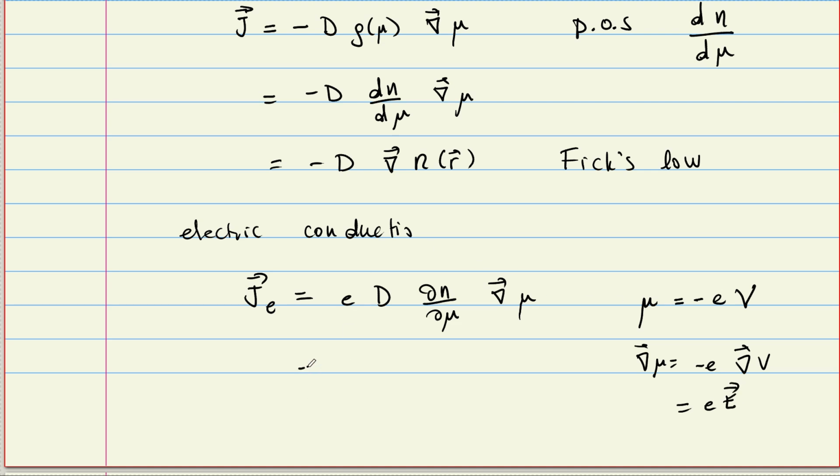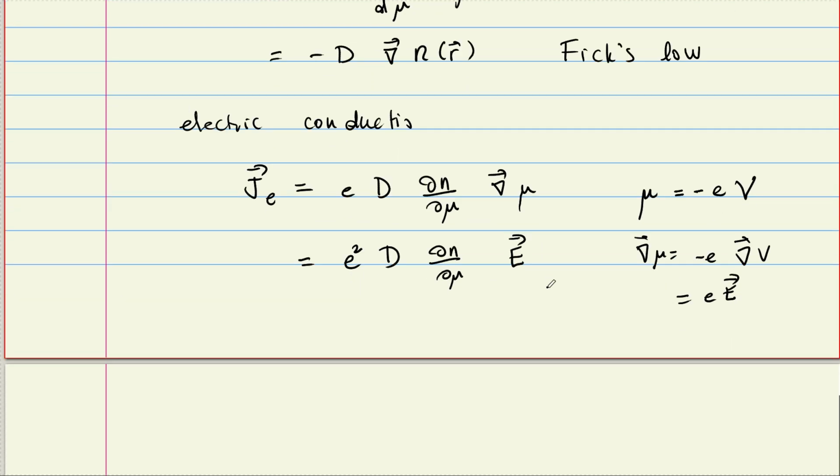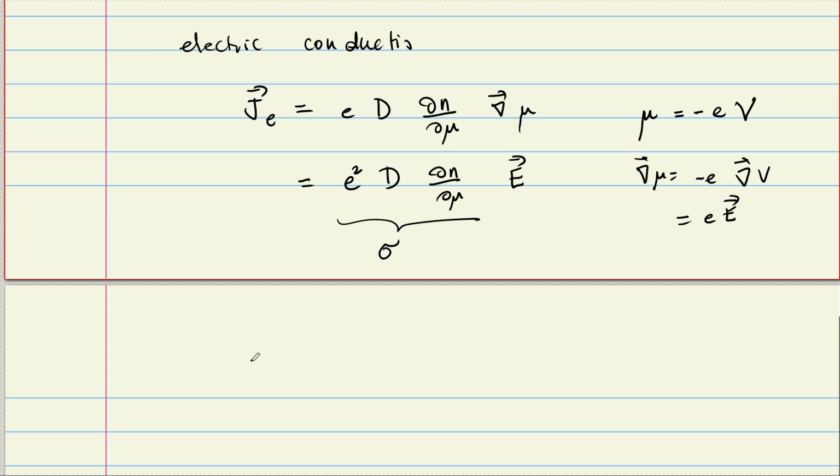Then this equation gives me E D del n del mu times E times the field, and I'll combine these two E's. In this expression, anything that multiplies the field is going to be the conductivity, sigma. From here we obtain sigma is equal to E squared D del n del mu.